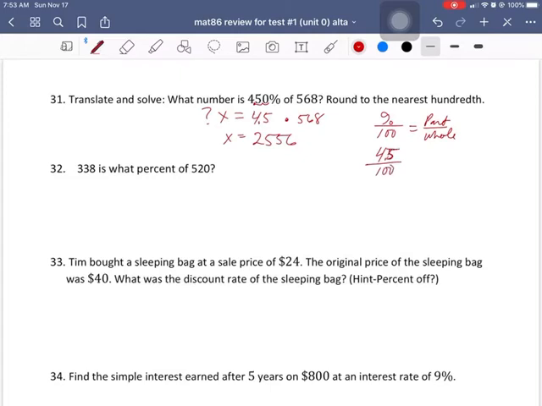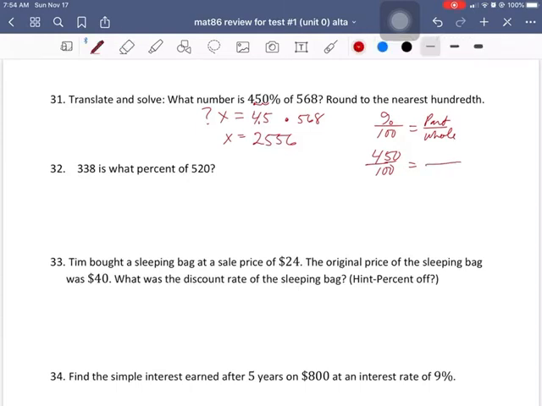Excuse me, not 4.5. If you're using this method, what people like about it is you just put the percent over 100, whatever the percent is, and then think about it. The big number is the whole, and we want to know what part. Try again. I don't use this method, sorry.